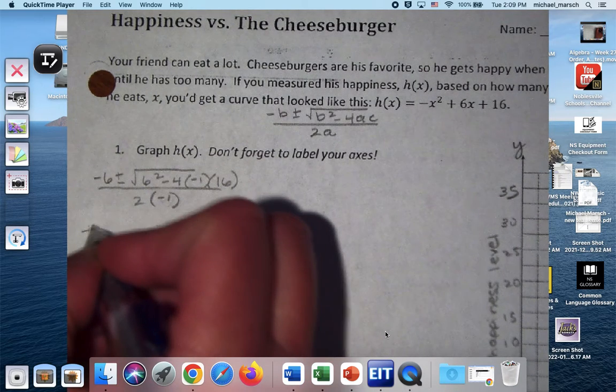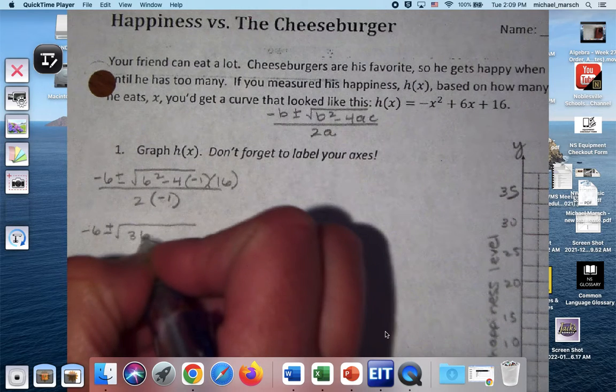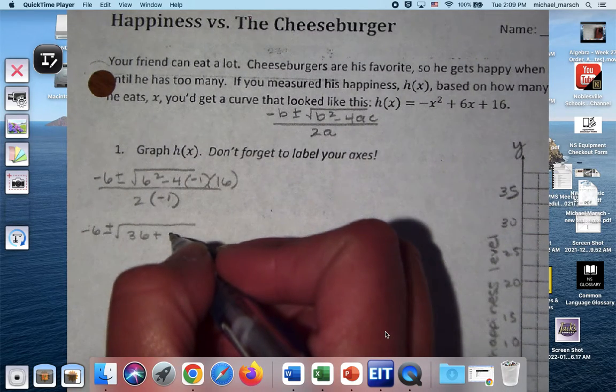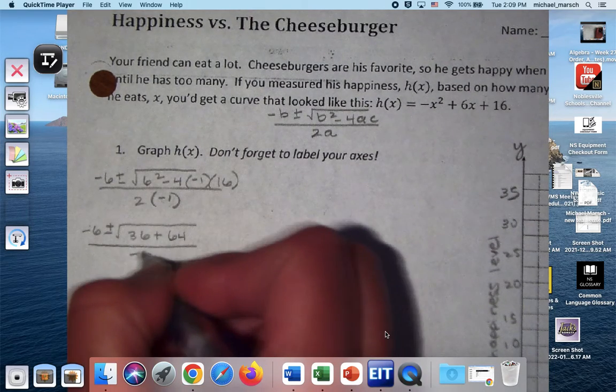So now I have -6 plus or minus the square root of 36 plus 64, divided by -2.